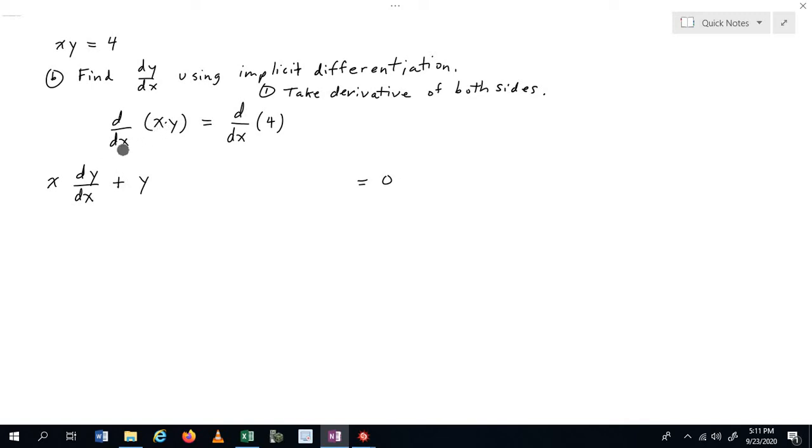And of course, that derivative would be 1. Okay, so on the left-hand side, using the product rule, this would be the derivative of x times y with respect to x. Okay, and then the final step is to solve for dy dx. After all, that's what we're trying to find.